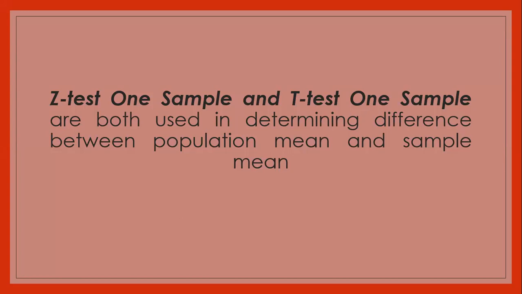Okay, so these are both used in determining difference between population mean and sample mean. Okay? So for example, ng population mean, kunwari meron kang standard value or standard mean, hypothetical, kunwari, result ng board exam nitong particular university. Okay? For example, the result of a particular board exam, sabihin natin ang average is 85.